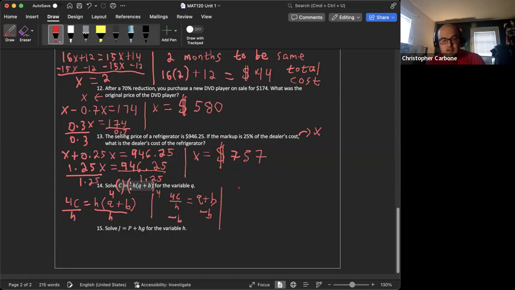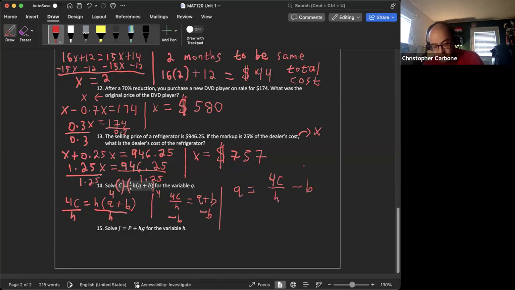So Q is going to be this value, 4C divided by H minus B.